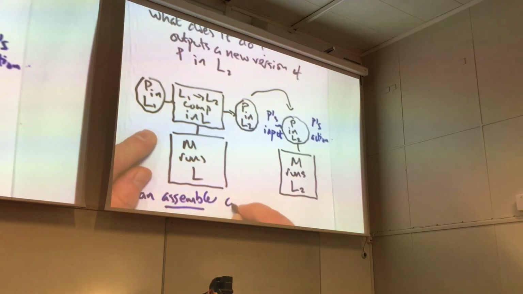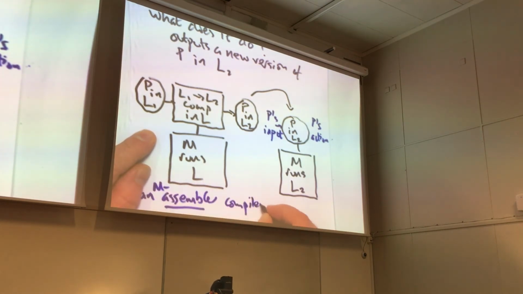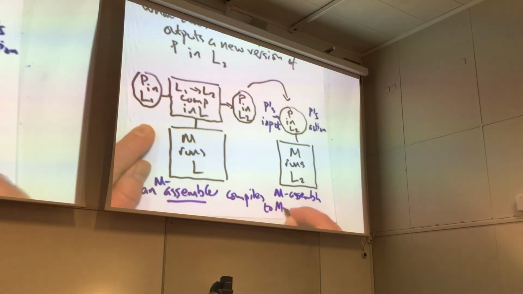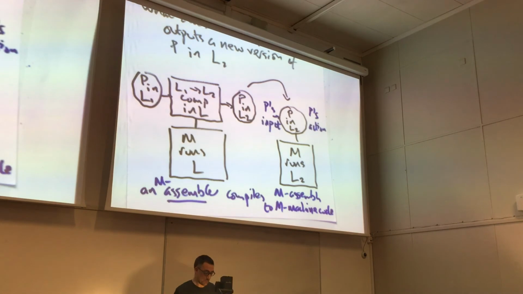M assembler compiles M assembly to M machine code. Okay?